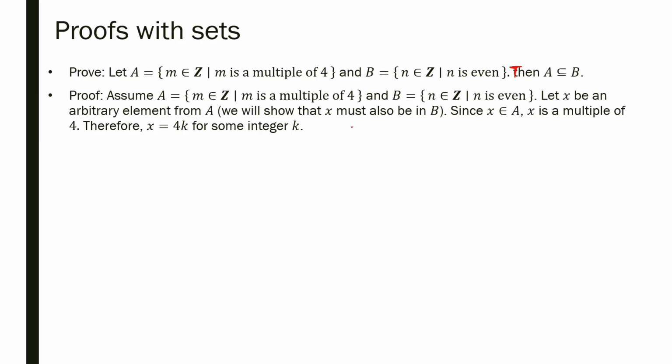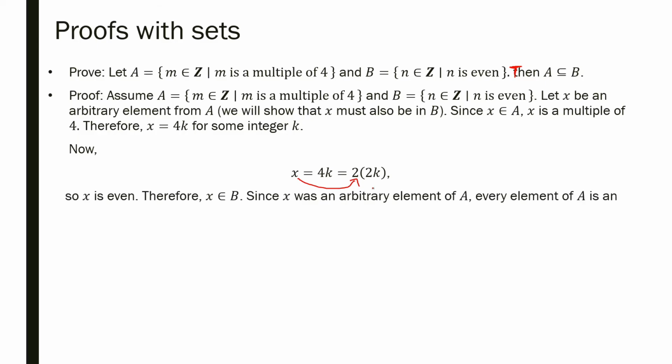That would mean that X is equal to 4 times K for some integer K. Since X is equal to 4K, well, 4K is just equal to 2 times 2K, which means that X is equal to 2 times 2K. Well, that's just the definition of even, right? Being 2 times an integer, that means that X is even. So, X has to also be in B.